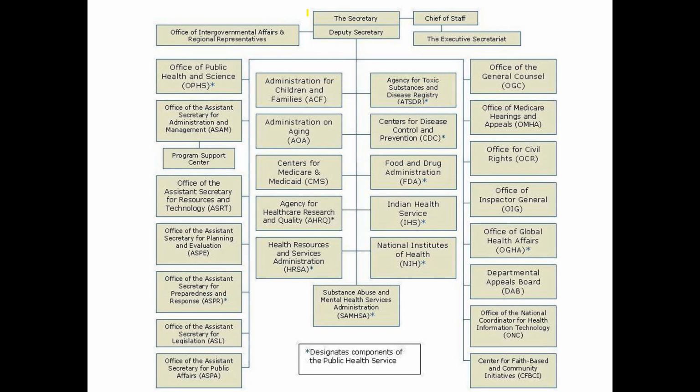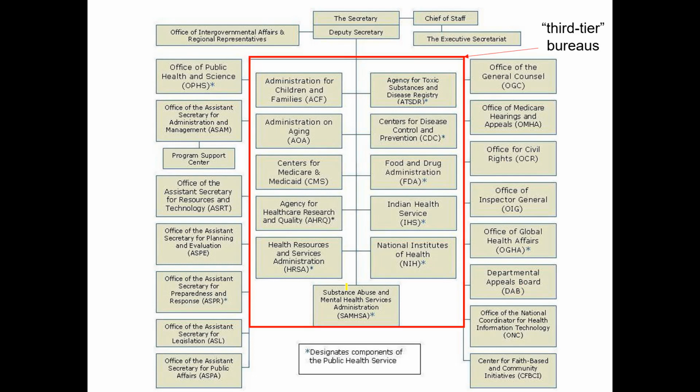The title was cut off of this one, but as you can see by looking at some of these offices here, this is the Department of Health and Human Services. These are all the office ofs all over here. And as you can see, the third tier bureaus are kind of structured here in the middle. Some of these I'm sure you have heard of quite a bit before. There's the Centers for Disease Control and Prevention, the CDC.